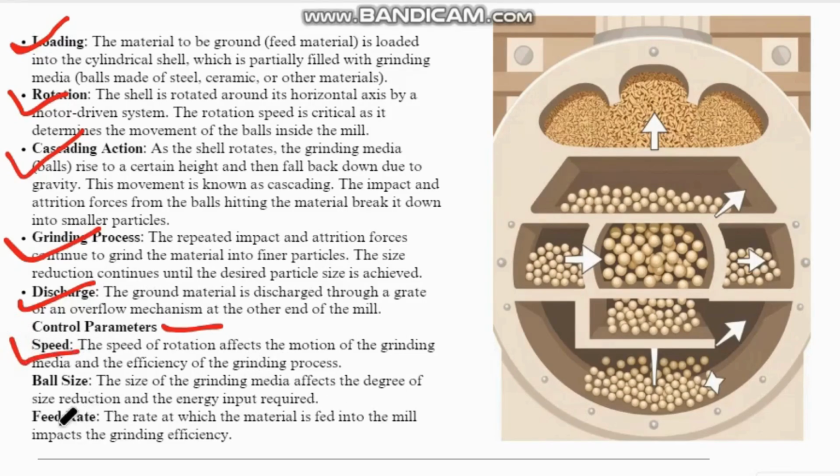Another one is ball size, that is the grinding media. By controlling the grinding media, we can also control the speed of the size reduction process. Then another thing is feed rate. By increasing or decreasing the feed rate, we can also have an impact on the grinding efficiency of this equipment.